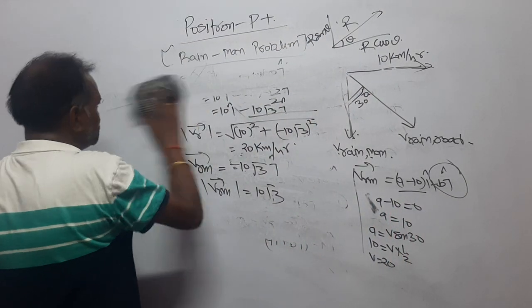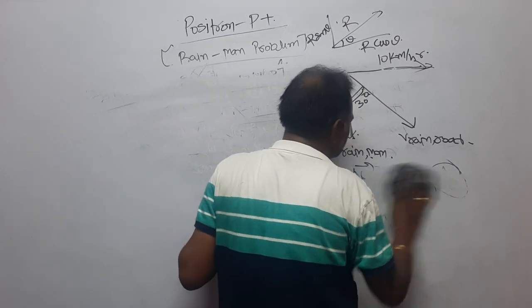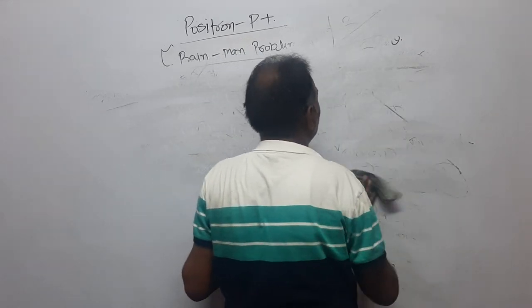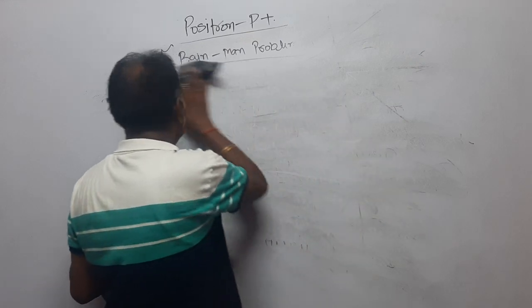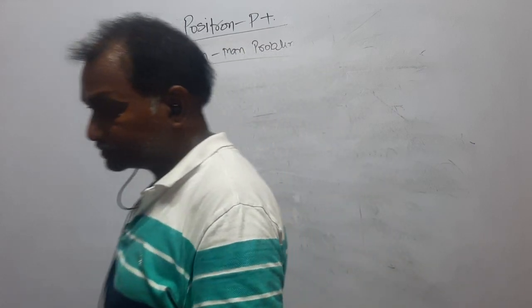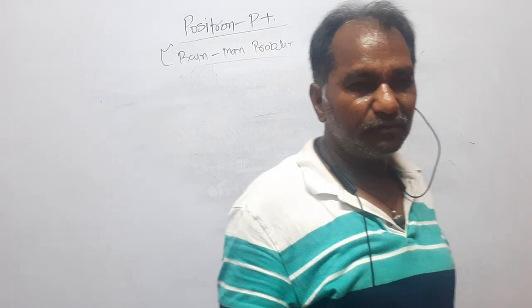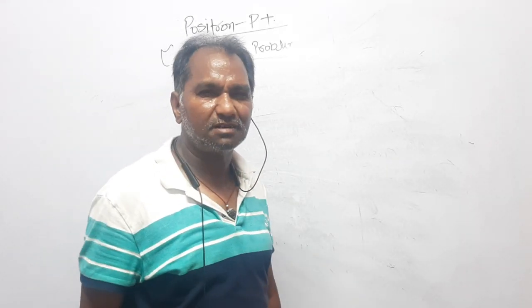Let's talk about another question. Dear students, the second one is very important, and many times such questions have been asked in JEE. The question says that a man moves with 8 km per hour, and raindrops are hitting him at some angle.